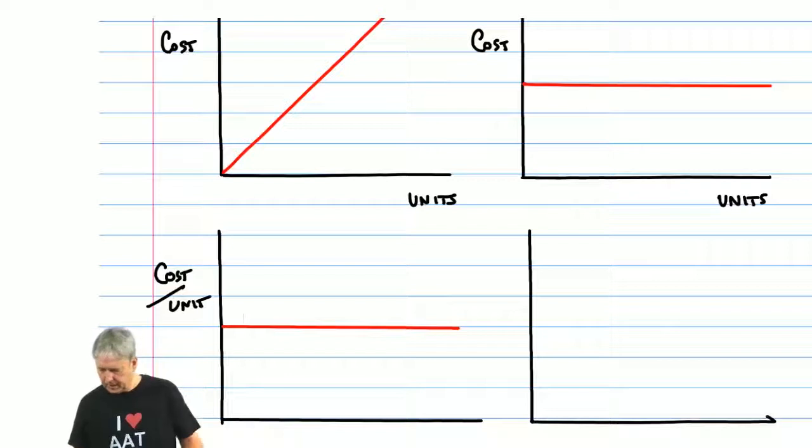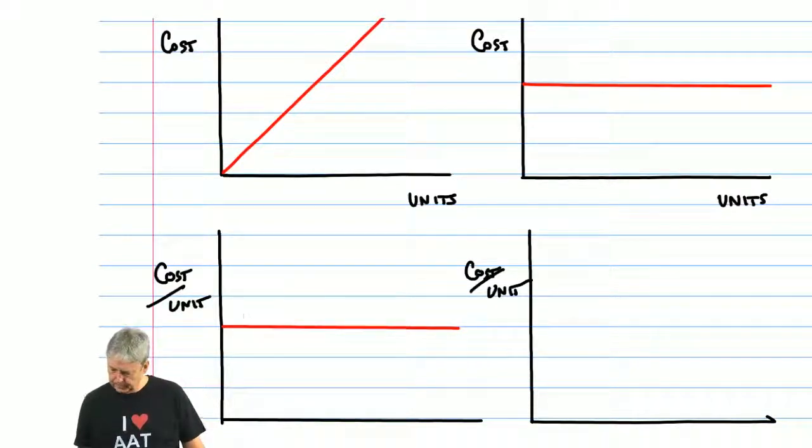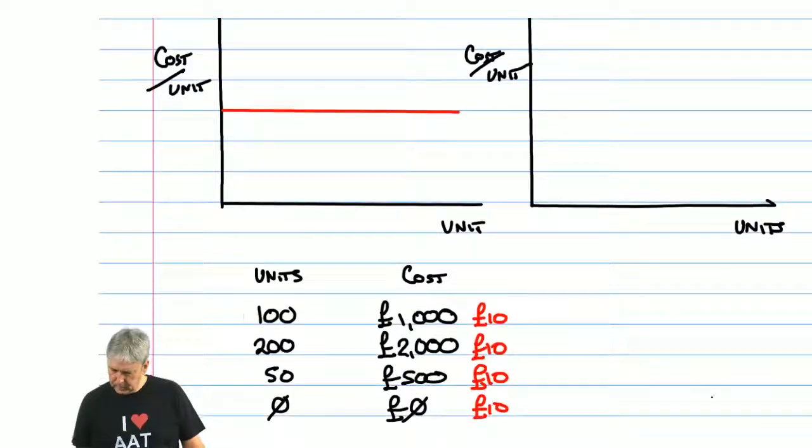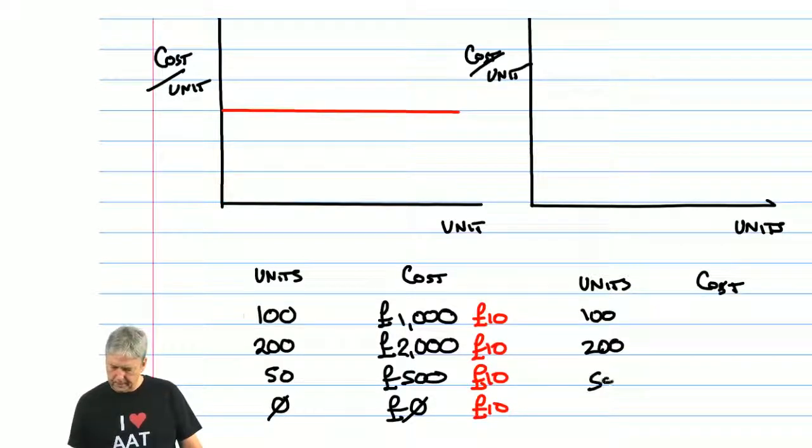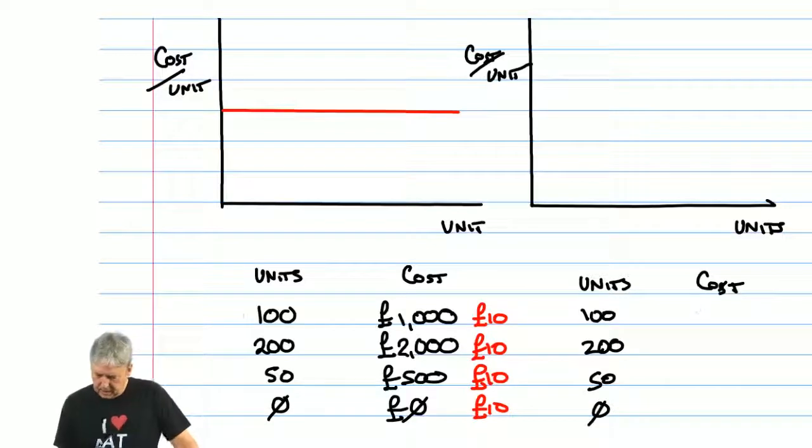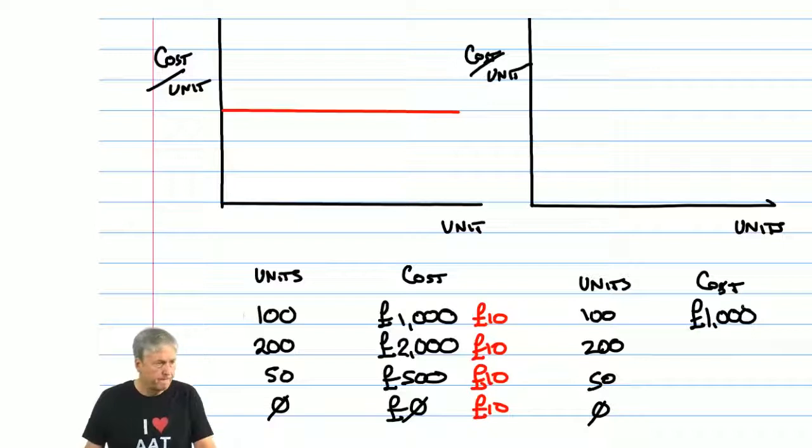Whereas, just for completeness' sake, we have to look at fixed costs, and I'll make up some numbers. So if we've got our units and our cost, we've got 100, 200, 50 and 0. And we start, let's just say, with the same £1,000. What do we know about fixed costs?